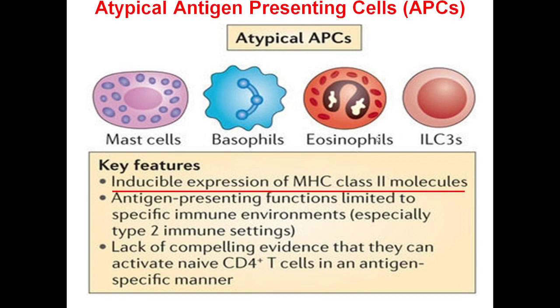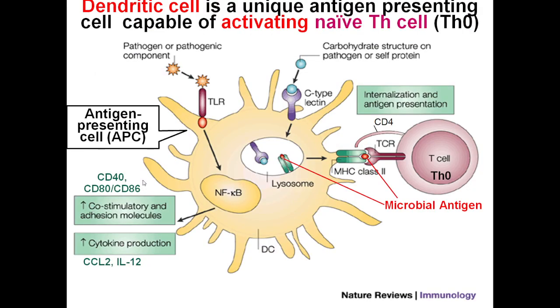In contrast, atypical antigen-presenting cells induce expression of MHC class II molecules only after activation by certain cytokines or by the presence of the PAMPs, DAMPs, typical for microbes. Dendritic cell is a unique antigen-presenting cell capable of activating naive T helper cells.